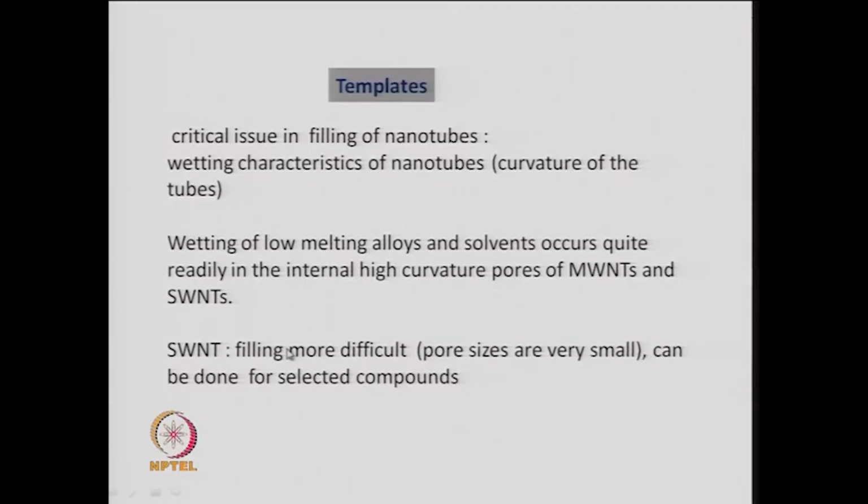However, if you compare them, it is easier to fill the multi-walled nanotubes compared to single walled nanotubes, because in the single walled nanotube the pore size is very small, and only for some selected metals or compounds can you fill the single walled nanotubes easily, because the wetting characteristics of single walled nanotubes do not permit filling very easily.